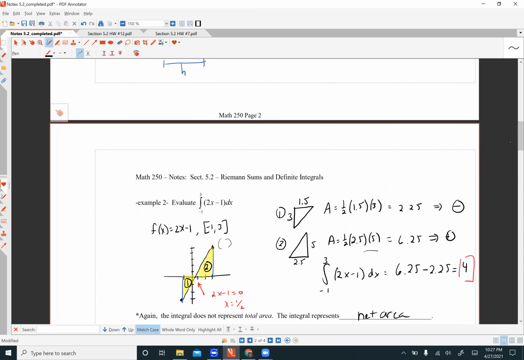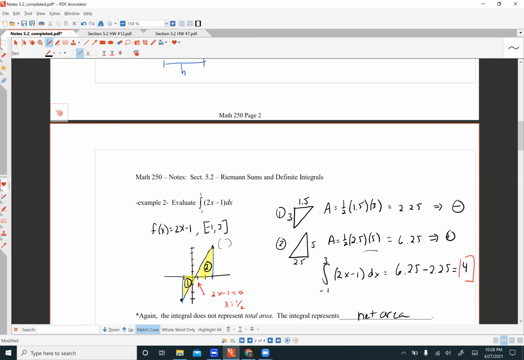Okay, so let's look at this other one. Let's compute the area bounded by the graph of 2x minus 1 from -1 to 3. Part of the graph goes below the x-axis, part of it goes above. Now you have to be careful, because the first time I looked at this, I did this wrong. What is the x-intercept?